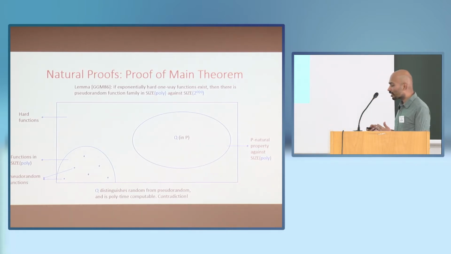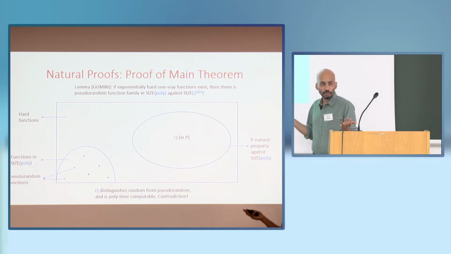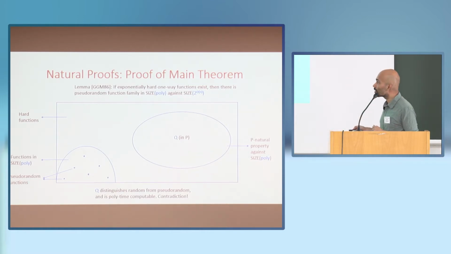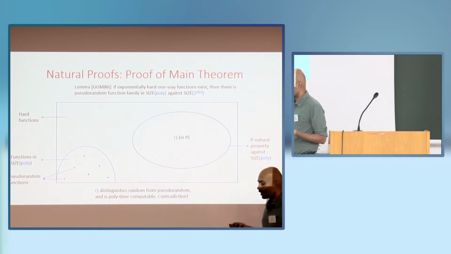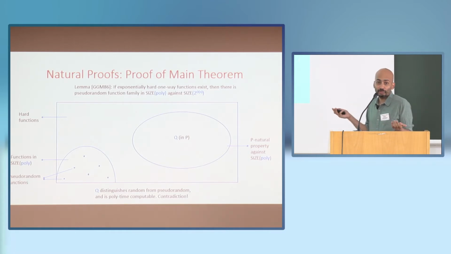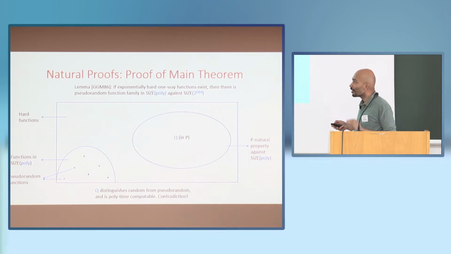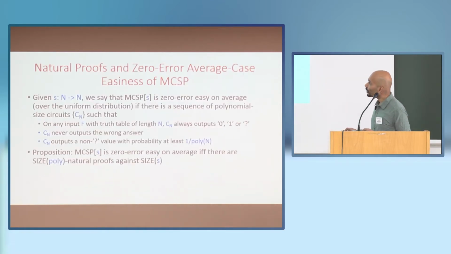If you pick MCSP with some fixed size parameter, then the uniform distribution is a natural distribution to put on the instances, on the truth tables. But if you put the uniform distribution on truth tables, then it doesn't make sense to consider bounded-error algorithms, because the algorithm that always says no is a very good algorithm. But it makes sense to consider zero-error algorithms, and that's what we'll do.